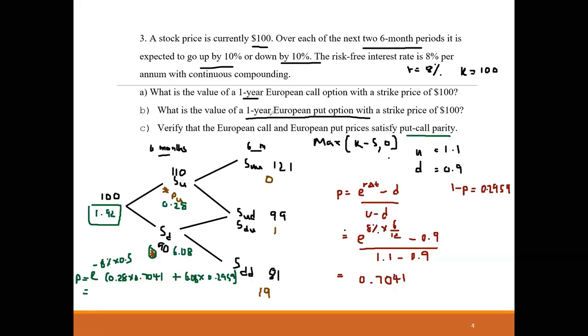The expiration date is also 1 year, and the strike price is also 100. In that case, it gives the relationship between the option prices. So check and tell me whether these answers satisfy the put call parity.